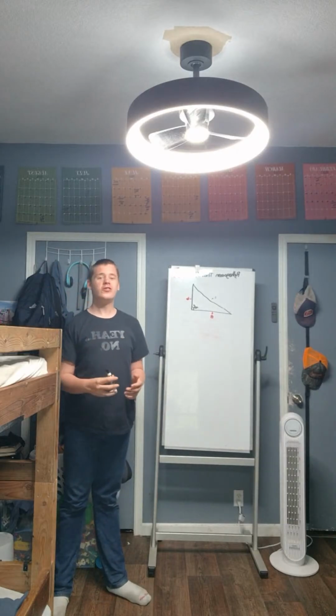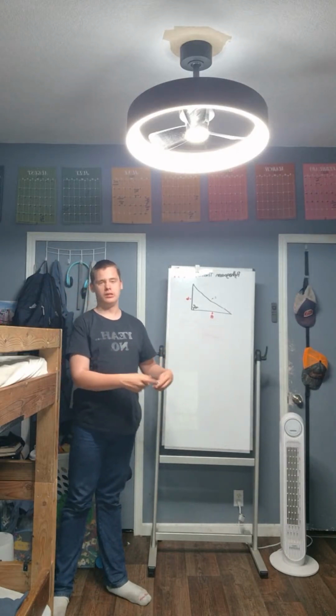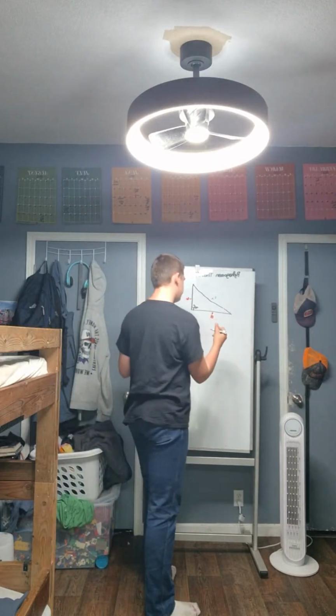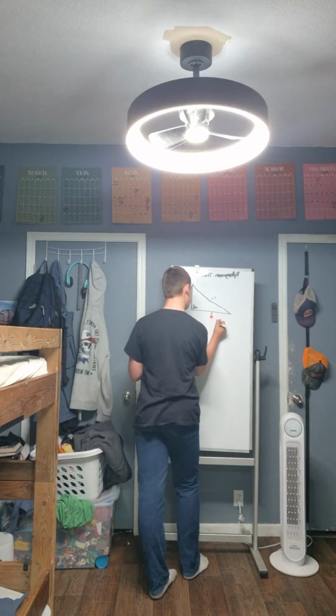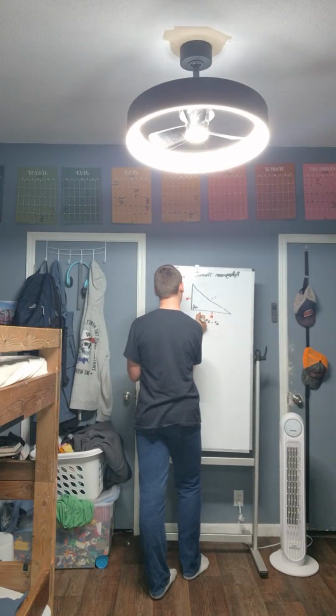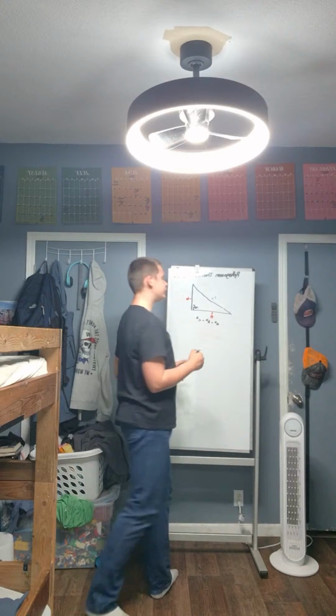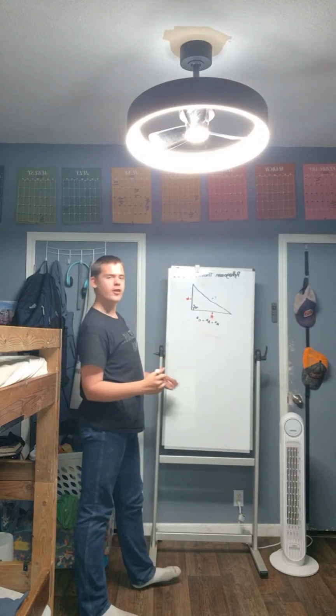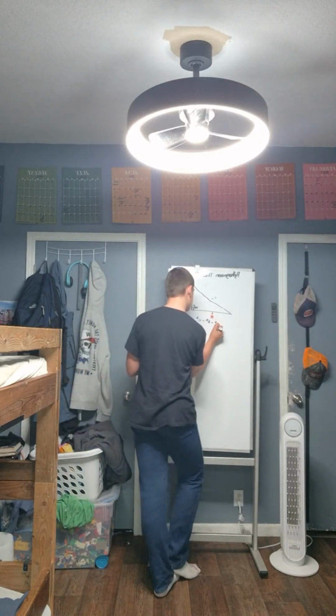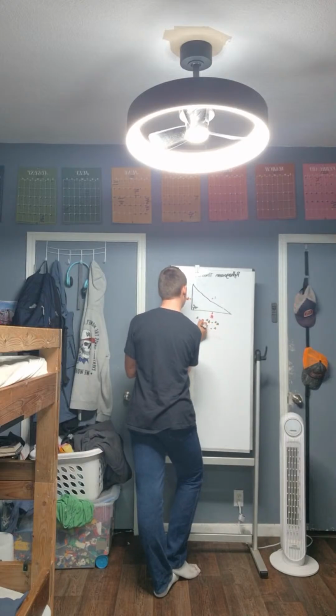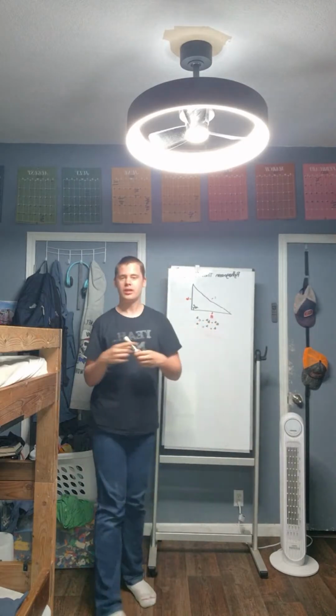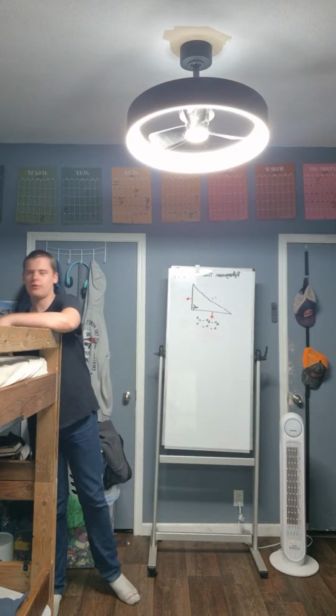In order to find the missing side, you could just do a squared plus b squared equals c squared. And since c is missing, you don't have to put anything. We usually do this.